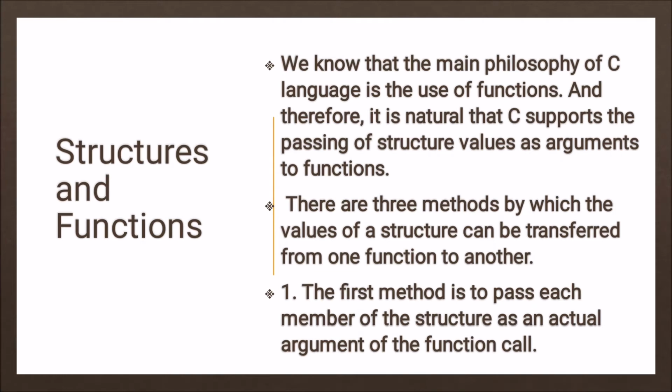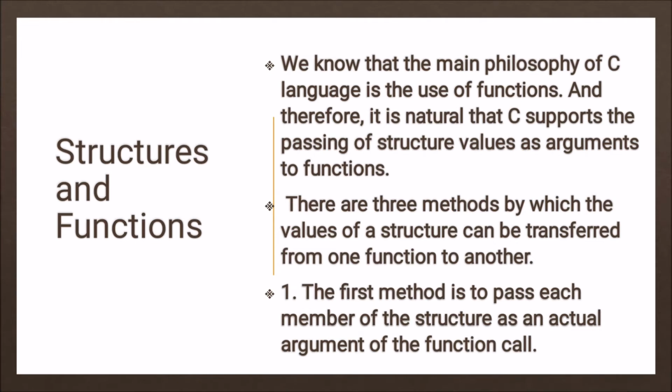So we know that the main philosophy of C language is the use of function, and therefore it is natural that C supports the passing of structure values as arguments to function. So there are three methods by which the values of a structure can be transferred from one function to another.